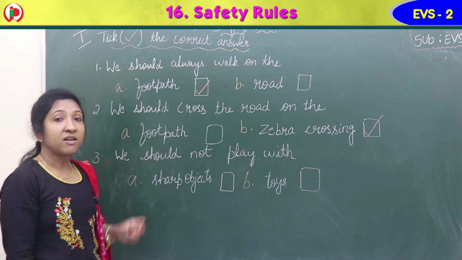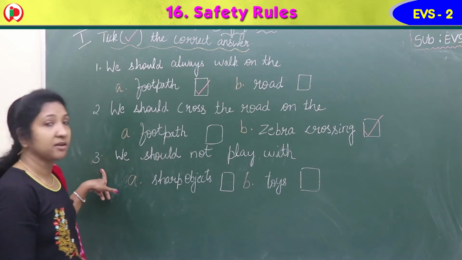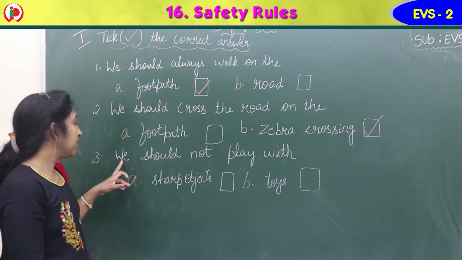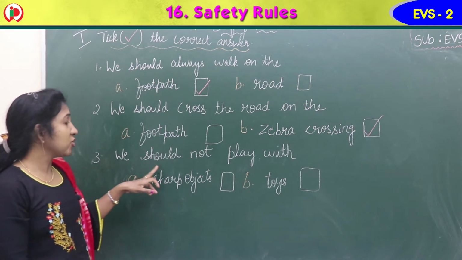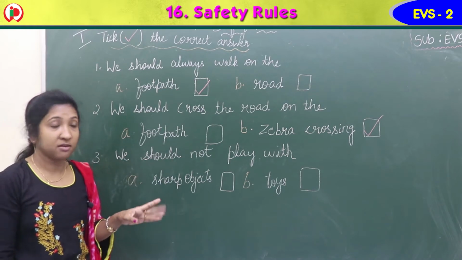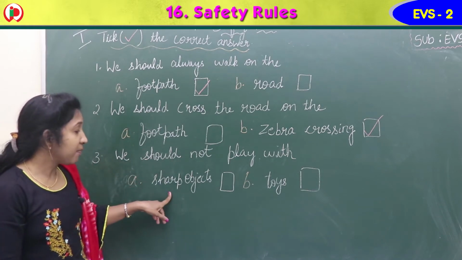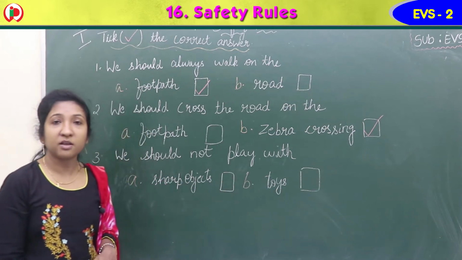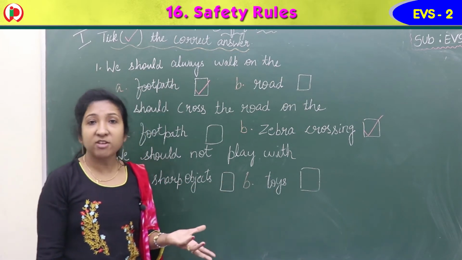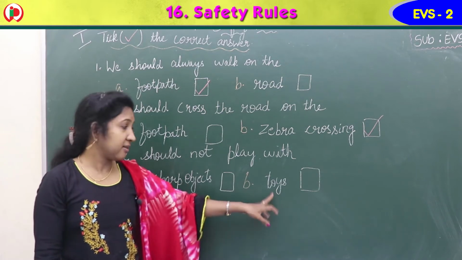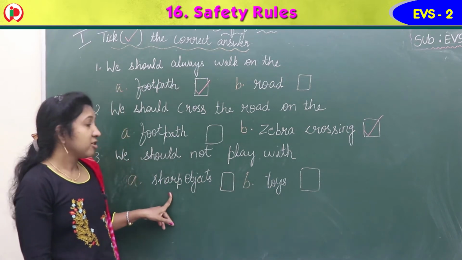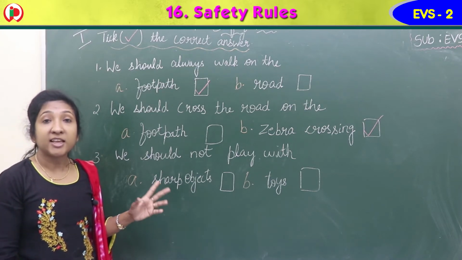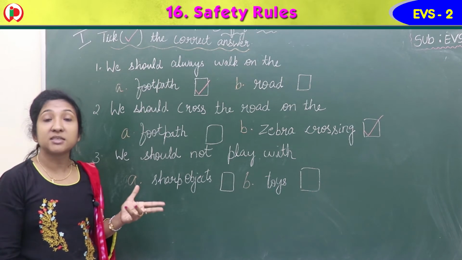Then our last question, the third question. Shall we read the third question? The third question is, we should not play with option A, sharp objects, option B, toys. We can play with toys. Children play with toys only. That is correct. Then what about sharp objects? What do we mean by sharp objects? Like knife, blade, scissors.